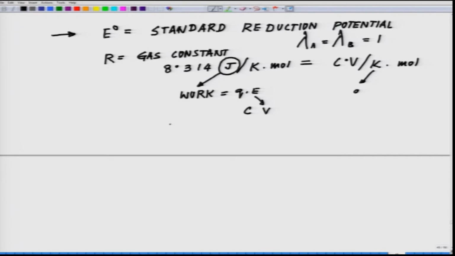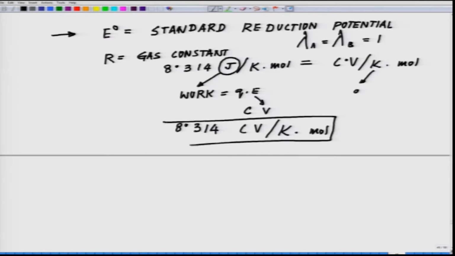So, I can write 8.314 CV, unit of temperature per mole. And this will help us in doing the unit analysis.